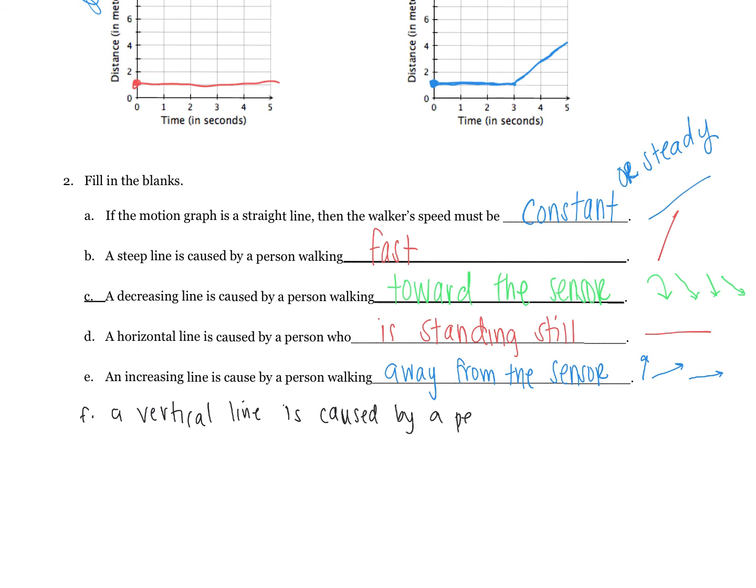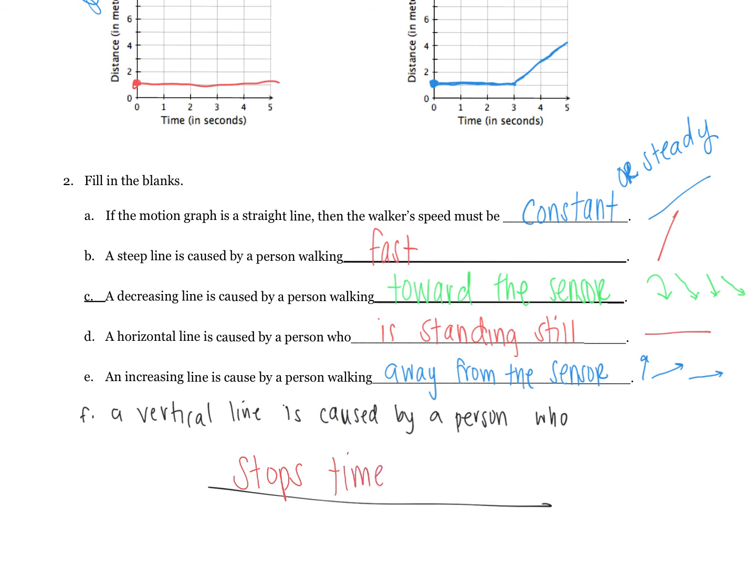Caused by a person who... Now, if you didn't get this one, that's okay, because there were no examples like this in your practice for the day, but it's important because in this case, this is not possible, okay? This is something that is impossible. You can never have a vertical line on a distance motion graph like we were working with today, because a vertical line would be caused by a person who stops time, okay?